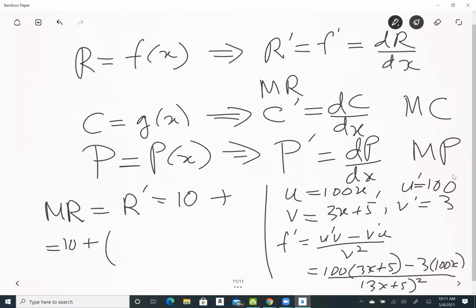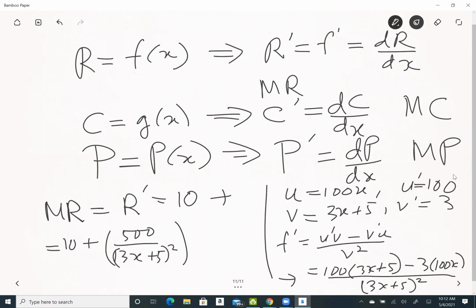The other side you got 300x, so that one will cancel out. So what do we have left? We have 500. So 500 divided by (3x plus 5) squared. So here you can simplify.